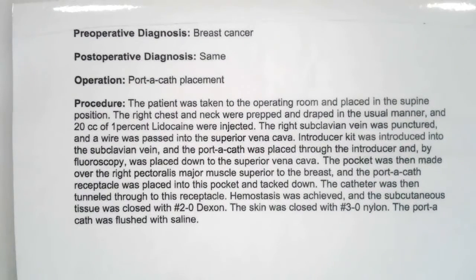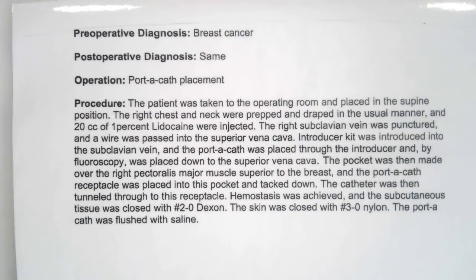So a Portacap is actually a device that is used to draw blood as well as give treatments such as IV fluids, drugs, or blood transfusions. And this port is actually placed under the skin, usually in the chest, and it is attached to a catheter, which is also known as a thin, flexible tube that is threaded into the large vein right above the right side of the heart.